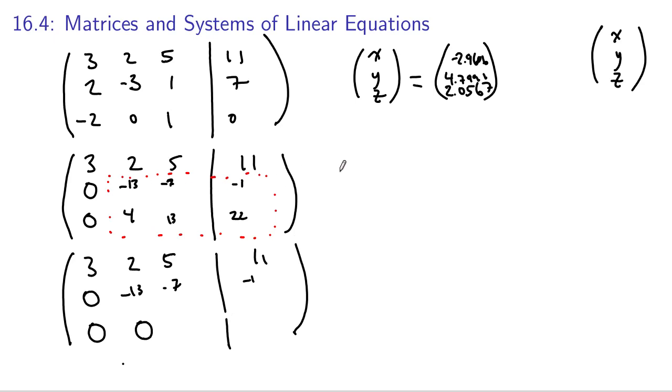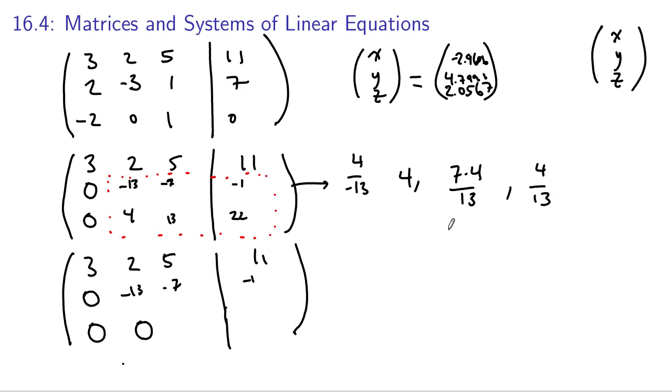We need to multiply by 4 over negative 13, in order to turn negative 13 into 4. So for the second row, we'd have 4, of course, and then negative 7 times that. So we'd have 7 times 4 over 13, and negative 1 times that, so 4 over 13. We would take negative 7 and subtract 7 times 4 over 13.